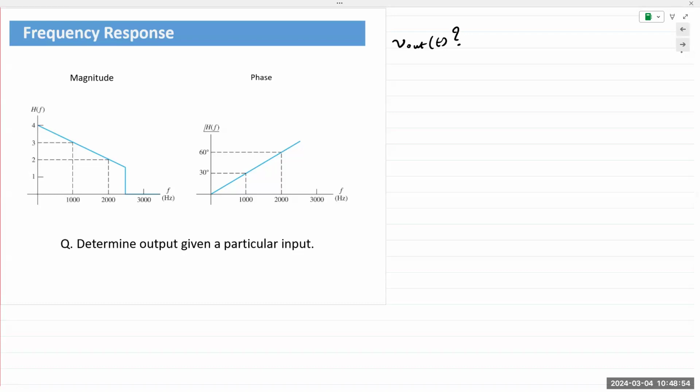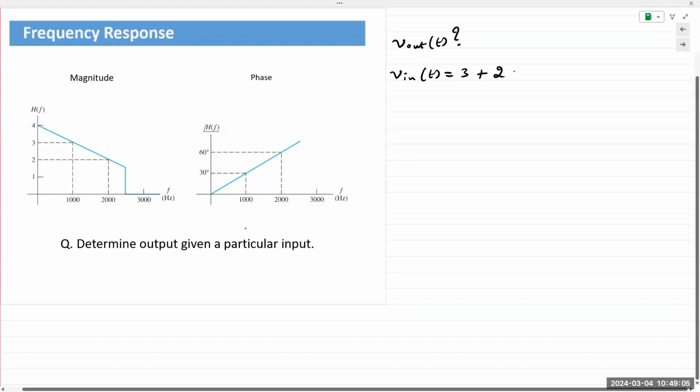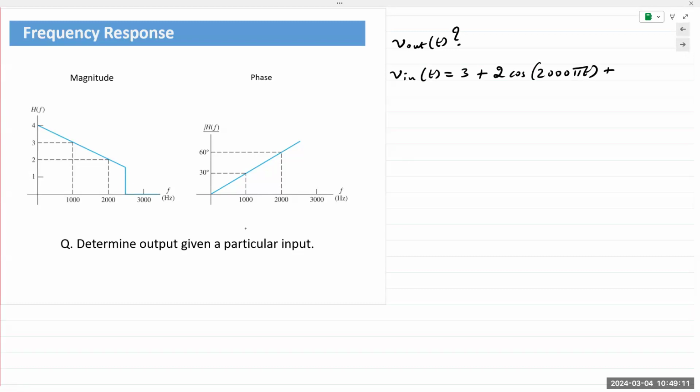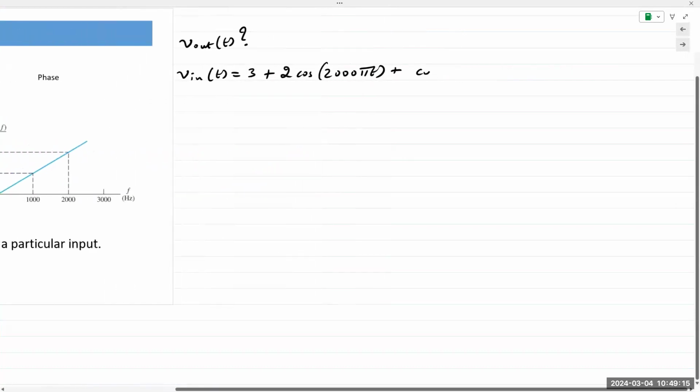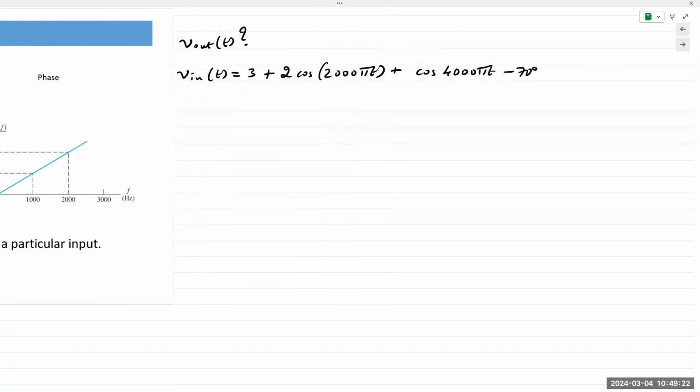All right, so V out of t is asked for an input signal of 3 plus 2 cos of 2000 pi t plus cos of 4000 pi t minus 70.